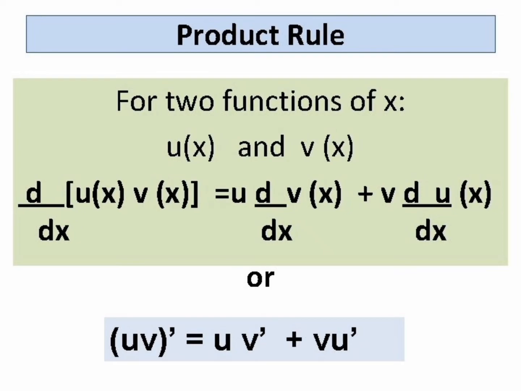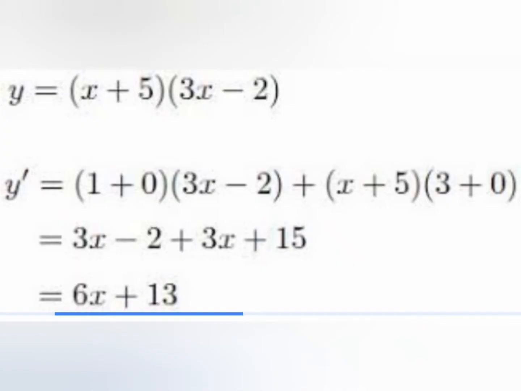In our first example, we are given two polynomials to differentiate. So the first bracket is x plus 5 and the second bracket is 3x minus 2. To differentiate this, just differentiate the first bracket. That is, differentiation of x will give you 1 and differentiating 5 is 0. Use it to multiply the second bracket. Then go to the other side by addition. Differentiate the second bracket and use it to multiply the first bracket.